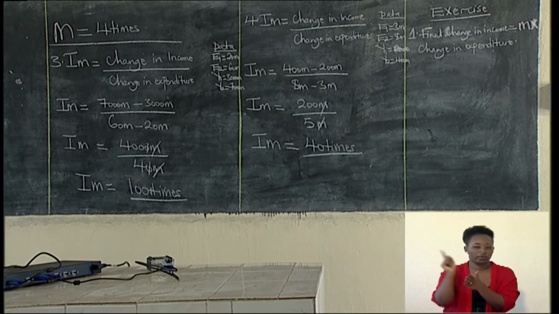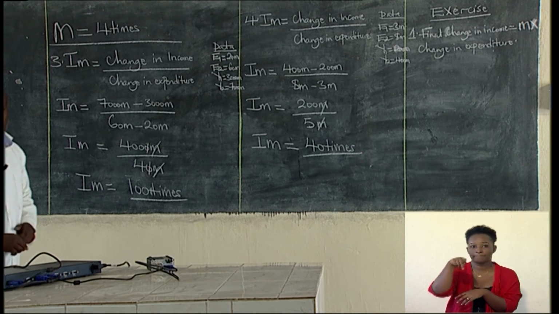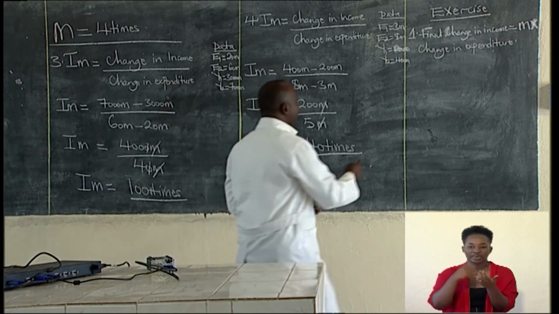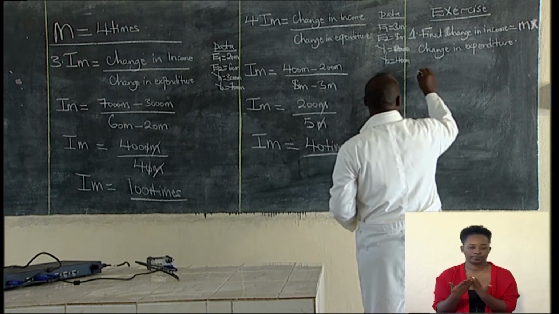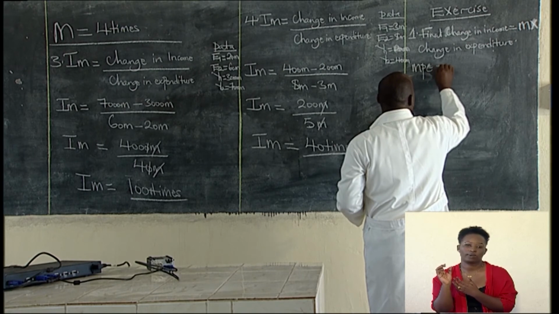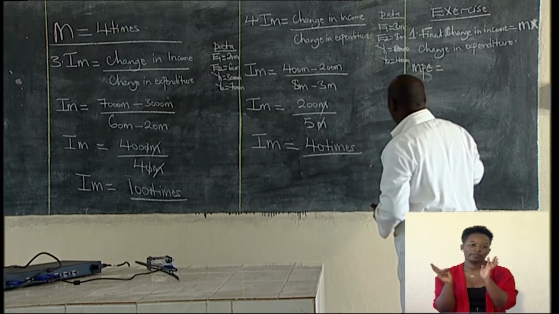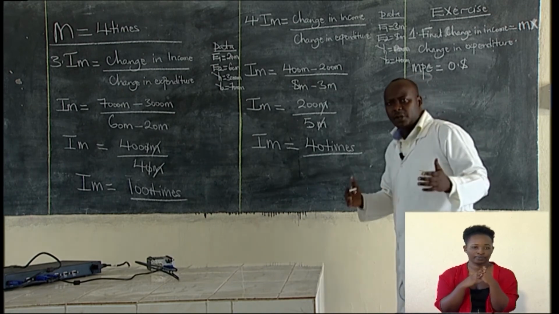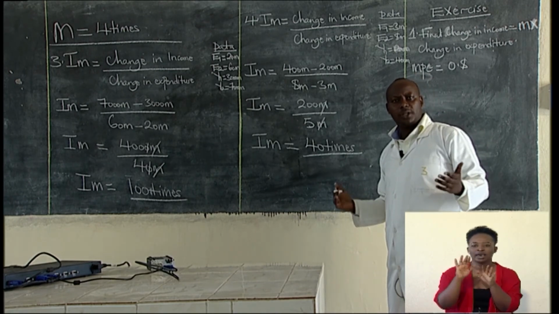And in the question, we have marginal propensity to consume, which is 0.8. Now, given marginal propensity to consume, how do we calculate the multiplier?